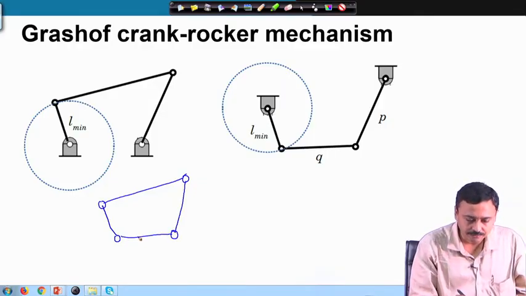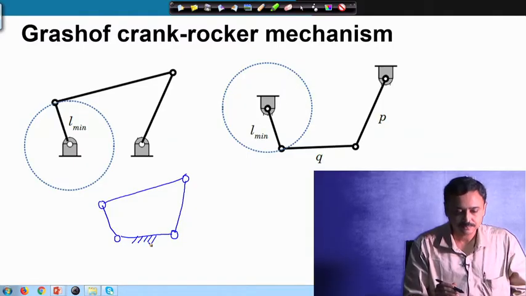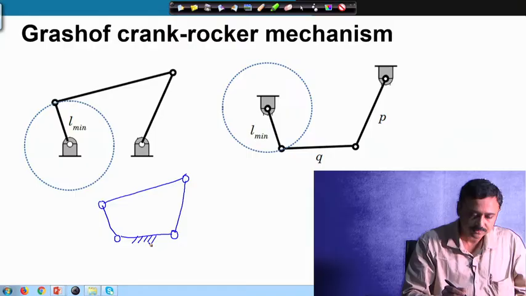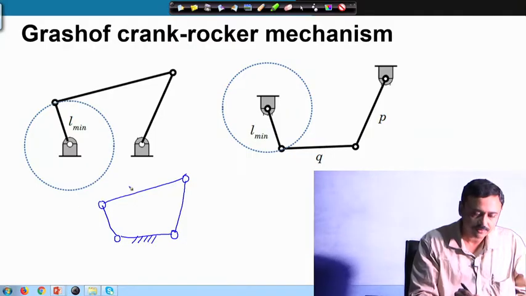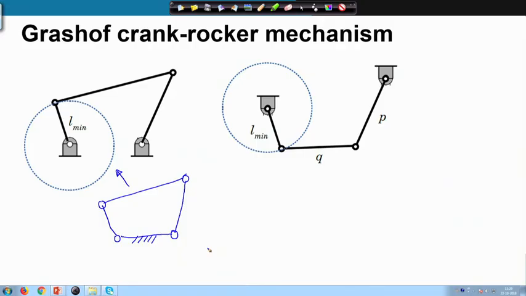When I fix this link, then we have this mechanism, and since L min can rotate continuously, this link therefore is a crank.